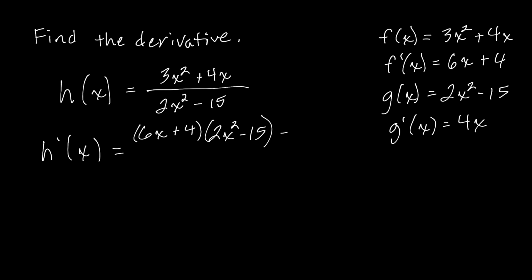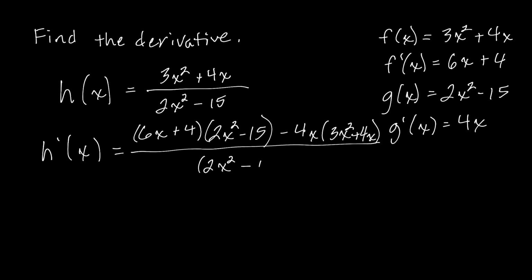Then I'm going to subtract the derivative of the bottom, 4x, times the top. So that's my 3x squared plus 4x. Then it all goes over the denominator, the g of x squared. So that would give me 2x squared minus 15, the quantity squared.